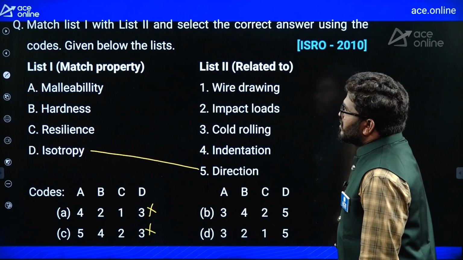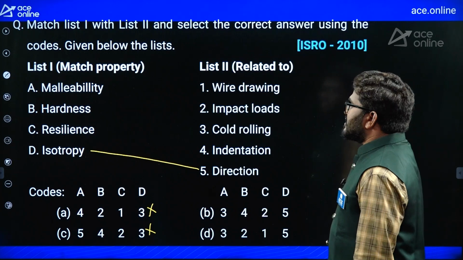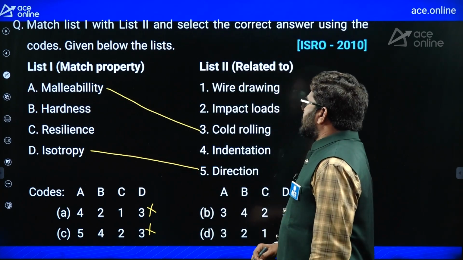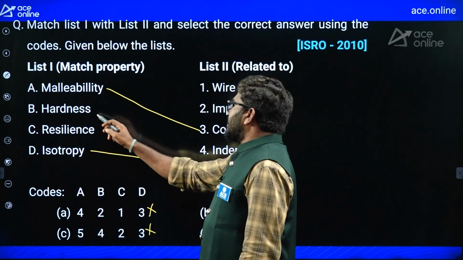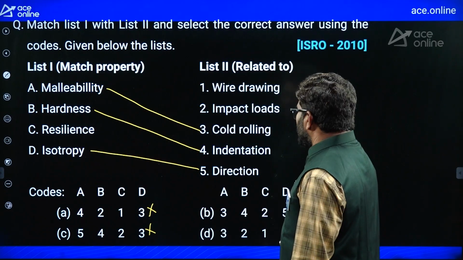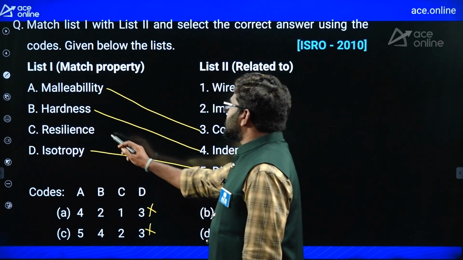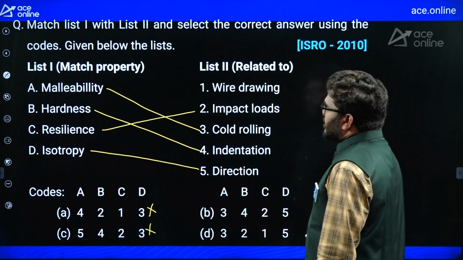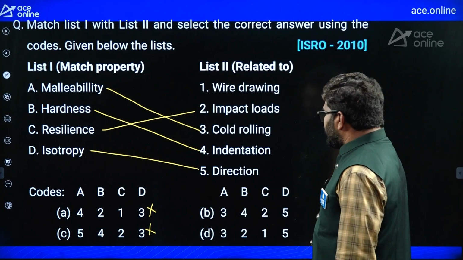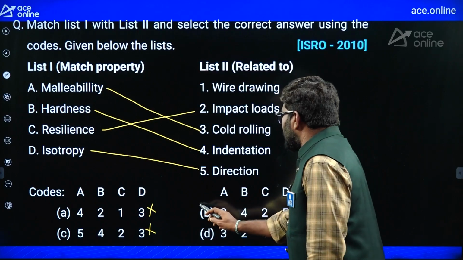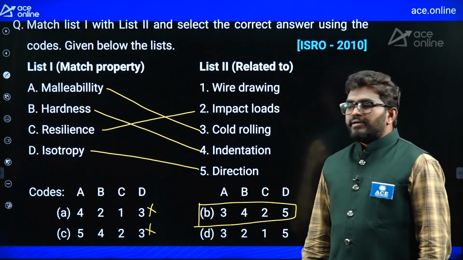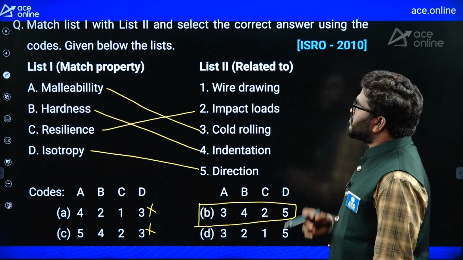Next, malleability is nothing but making into thin sheets. Then hardness is nothing but indentation, that is 4. Resilience is nothing but impact load. So, A is 3, D is 5, B is 4 and C is 2. So, this is the answer. B is the correct answer for this question.